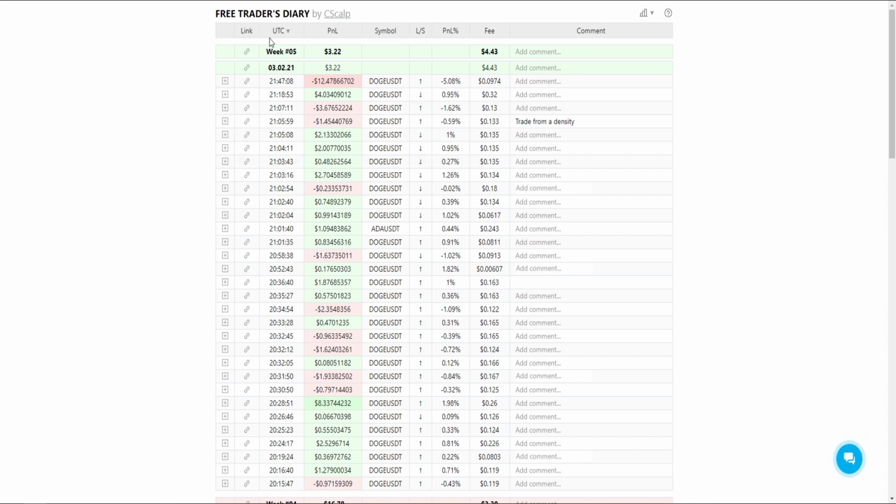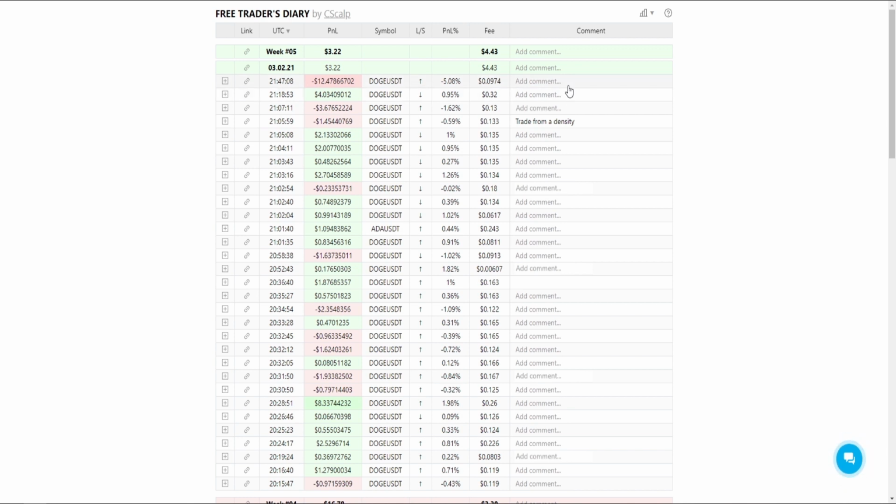We have a link, the time of the trade, the P&L, that means profit and loss, like a profitable day or a loss day, and so on. Then the symbol or ticker, whether it is a long or short trade, the P&L in percent, and also a fee and a comment.